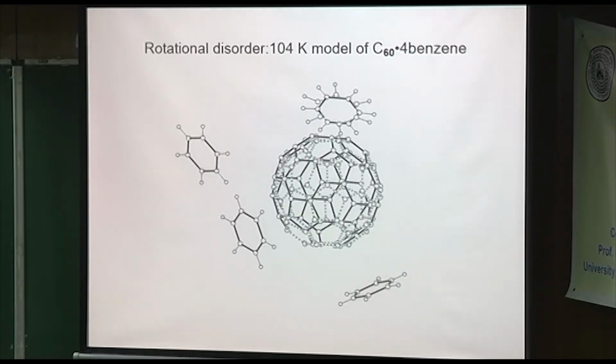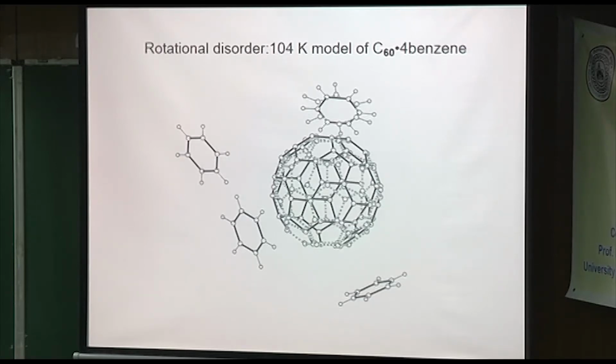My favorite examples, of course, are with fullerenes. So here's one which is illustrating the rotational disorder that's so common with fullerenes. At 104 Kelvin, it orients in just two different ways.